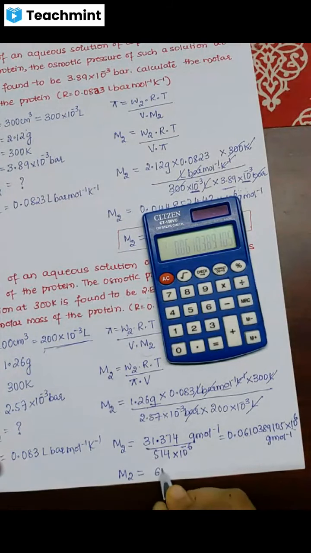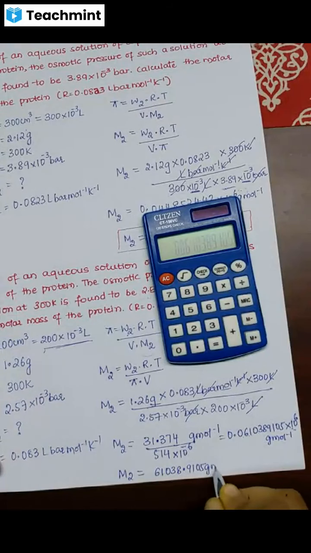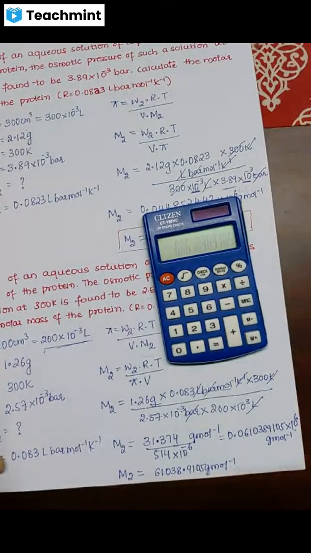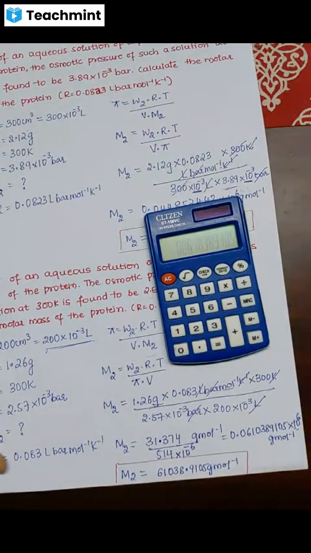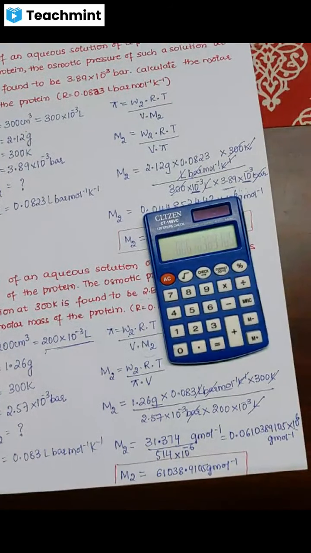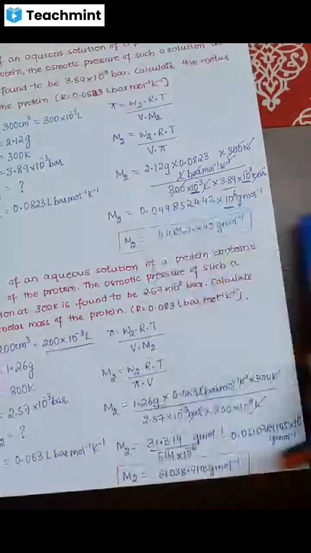That is 61,038.9105 gram per mole. So it is the molar mass of my protein here. The molar mass of my protein is 61,038.9105 gram per mole. I hope these problems are clear.